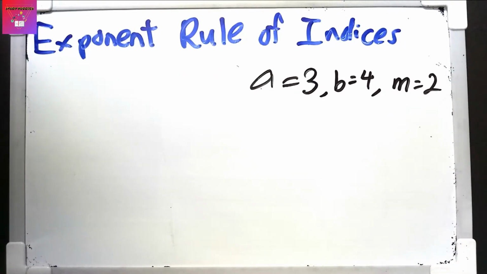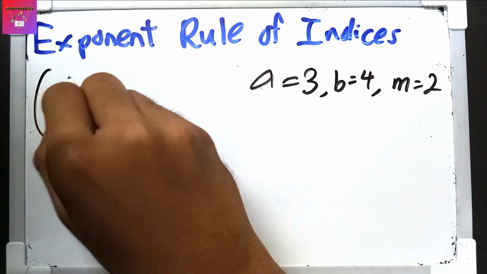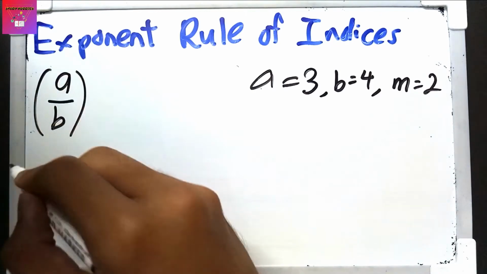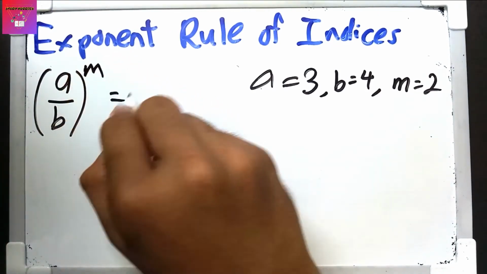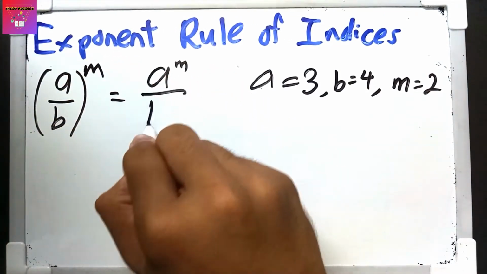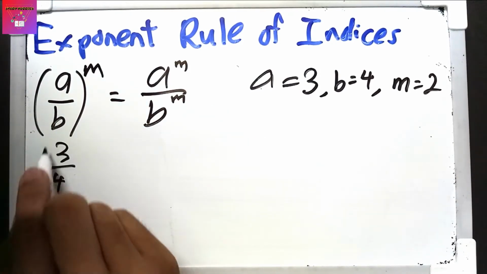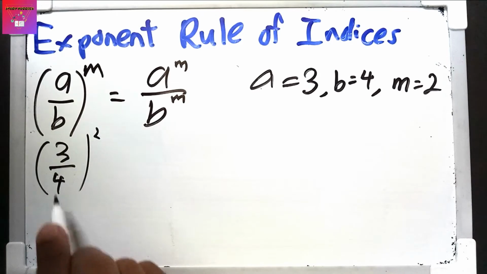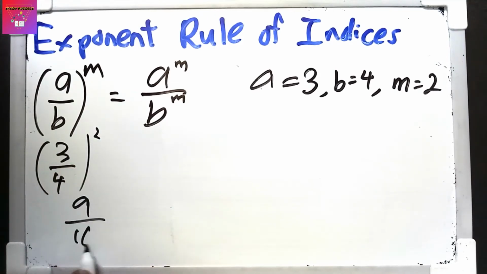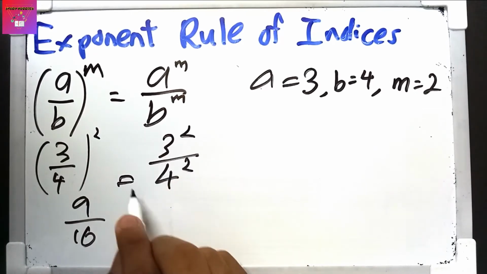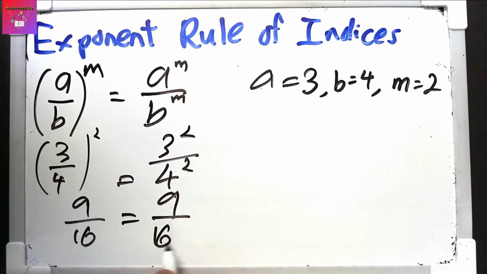So now we move to our final rule, which is almost the same as the fourth rule, but this time a division. So (a over b) closed in a bracket to the power of m is going to be a to the power of m divided by b to the power of m, same as what we did just now. So this is going to be (3 over 4) to the power of 2, which is 3 squared, 9, 4 squared, 16, equals 3 squared over 4 squared, which is also 9 over 16, proving that this rule works.